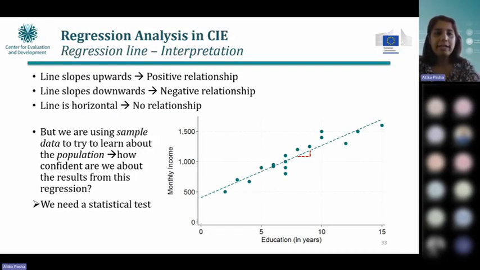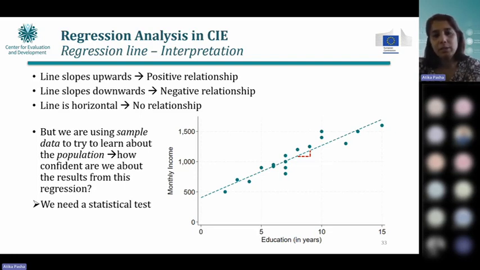So coming back to our lovely line, what you observed in this case was that there was an upward slope, or a slope going more, let's say, towards the northeast. And this is a positive relationship.